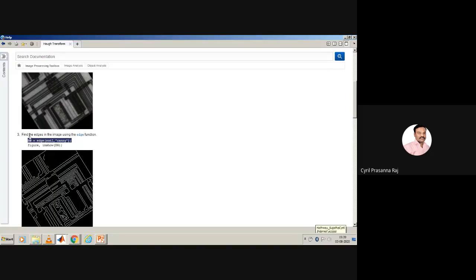Since this is now going to have only gray, white and black, we are giving the name as black and white, that is BW. This edge function will try to find out the edges available in a given image, and you are able to display that.